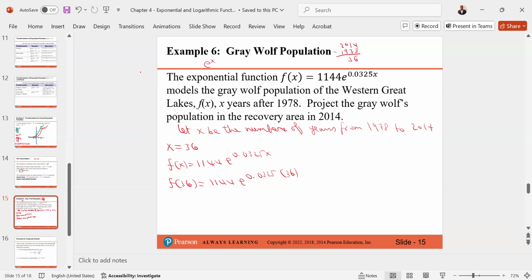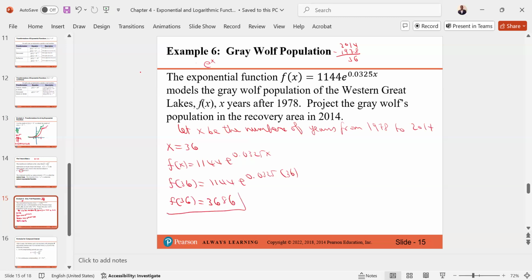I'm not expecting you to do this one by hand because just imagine you do 2.72 power that, after you multiply, it's going to give you something still decimal, that's not something you can do by hand. So at some point, we would say f of 36 is 3,686.